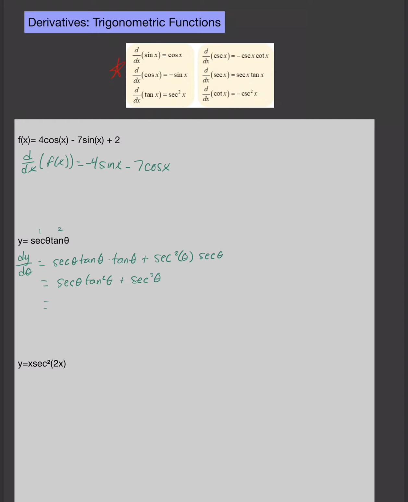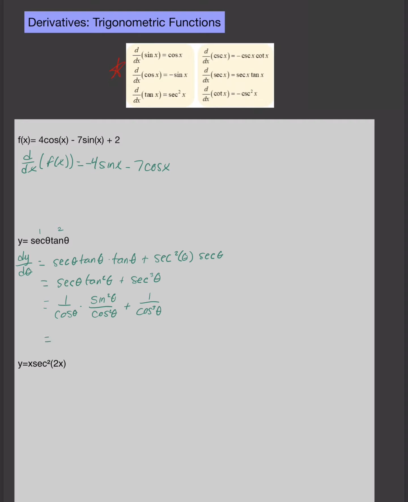So secant theta is equal to 1 over cosine theta times, and our tangent theta is sine over cosine, so it'll be sine squared theta over cosine squared theta, and plus, our secant of theta again is 1 over cosine theta, so this will be 1 over cosine cubed theta.